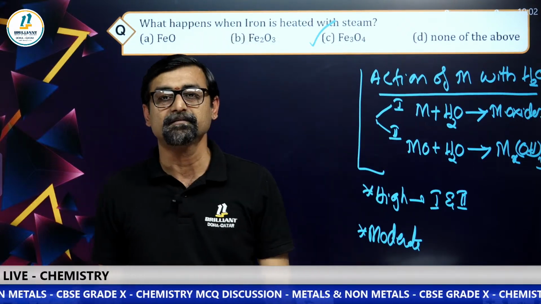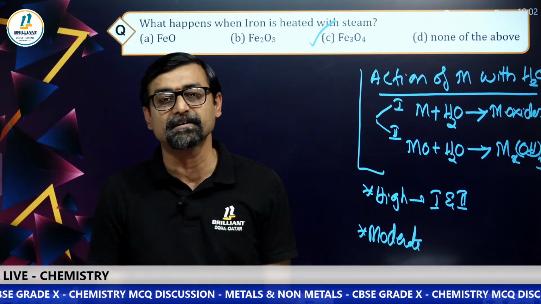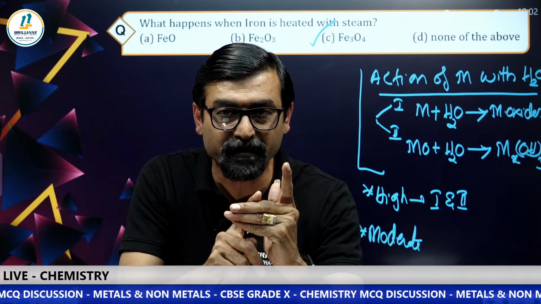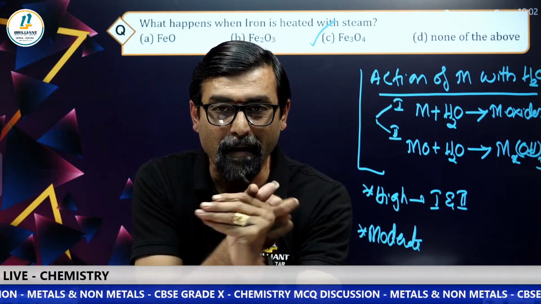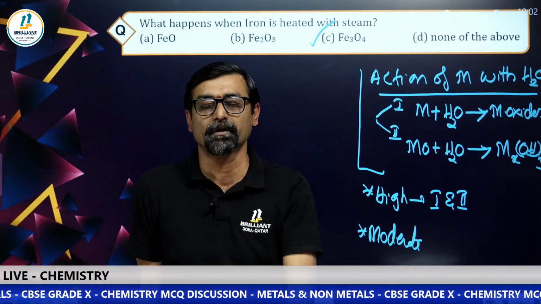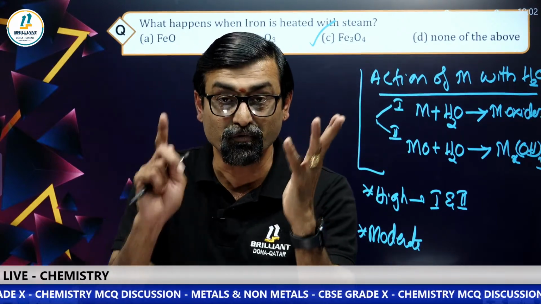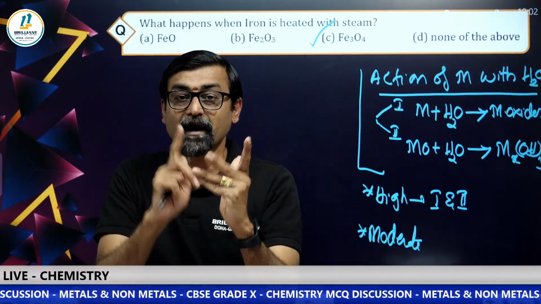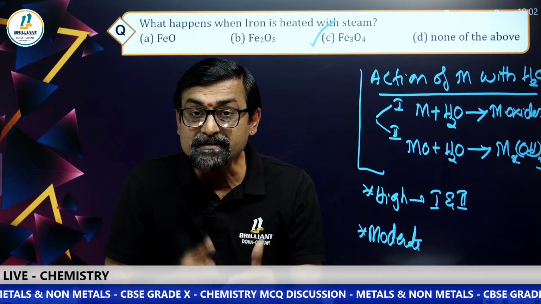The next category, the moderate reactive metals, like aluminium, zinc, iron, lead, manganese. As per your syllabus there are a few more, one or two, but they are not our concern. So what we are concerned with: aluminium, zinc, iron, manganese and lead.